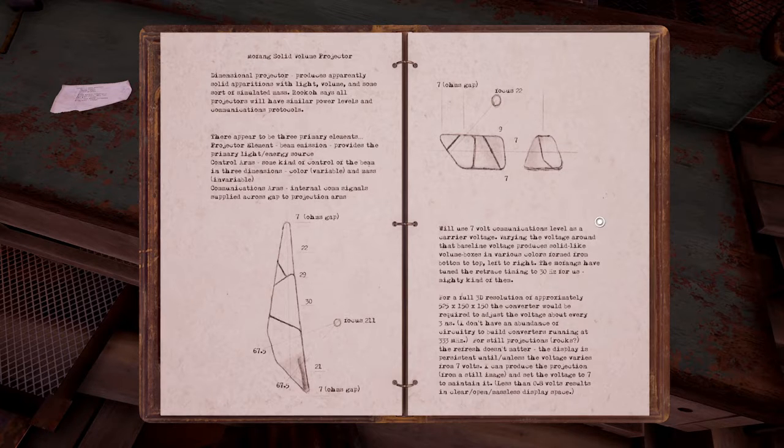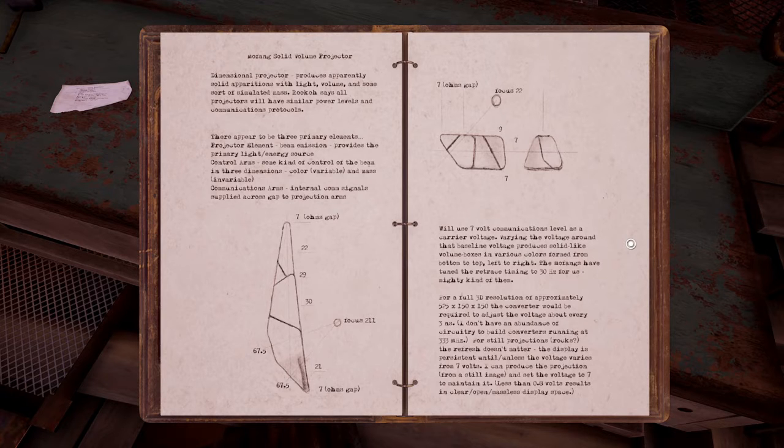Okay. We'll use 7-volt communications level as a carrier voltage. Varying the voltage around that baseline voltage produces solid like volume boxes in various colors formed from bottom to top, left to right. The Mofangs have tuned the retrace timing to 30 Hz for us. Mighty kind of them.